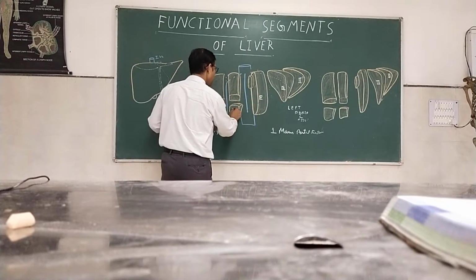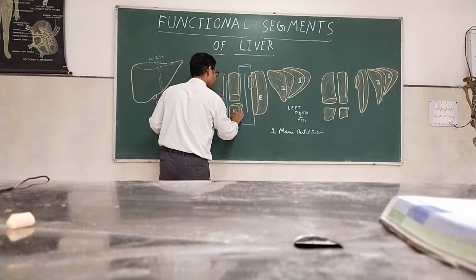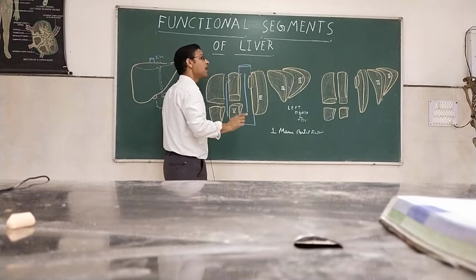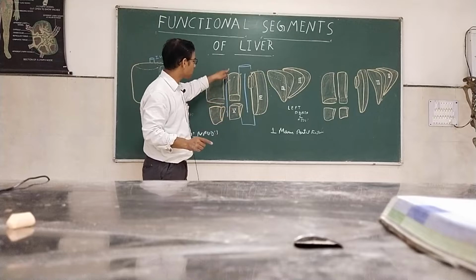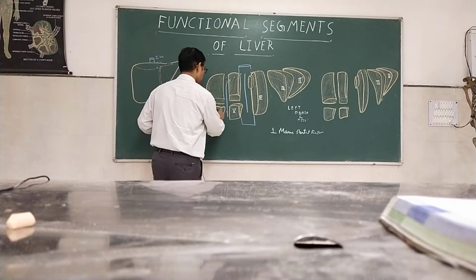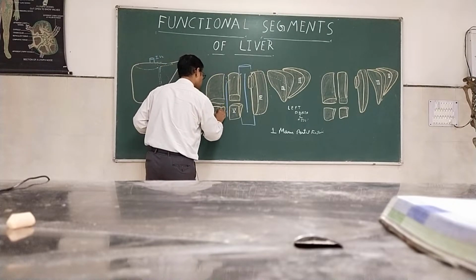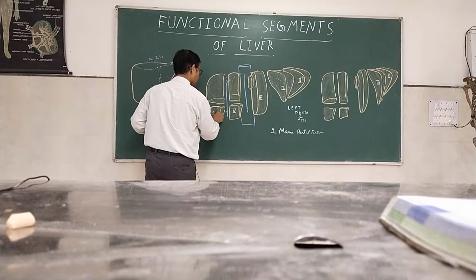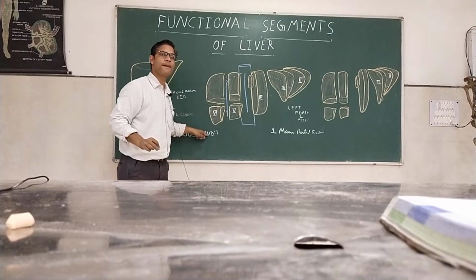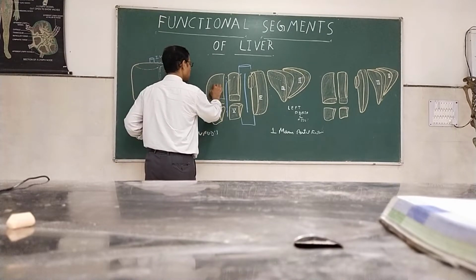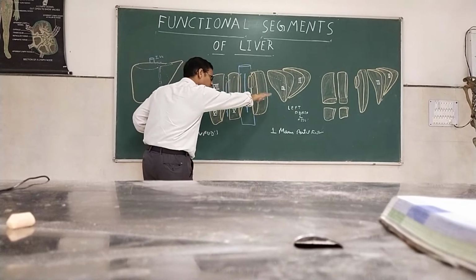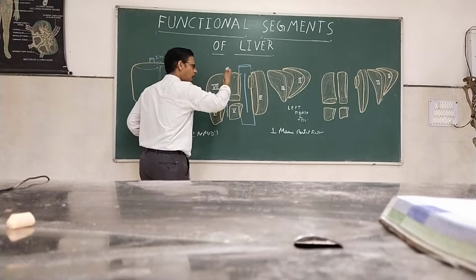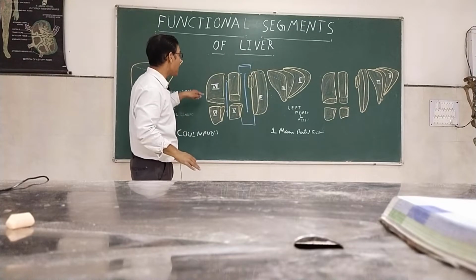Then segment number 5 is in the right anterior or right medial. Segment number 6 is the right lateral lower part. Segment number 7, this is the way they are given numerical values.